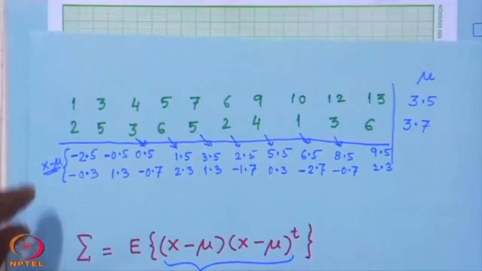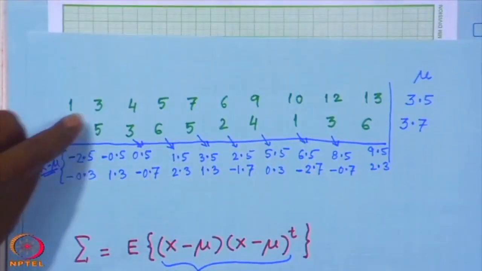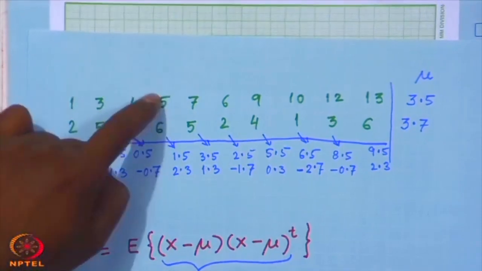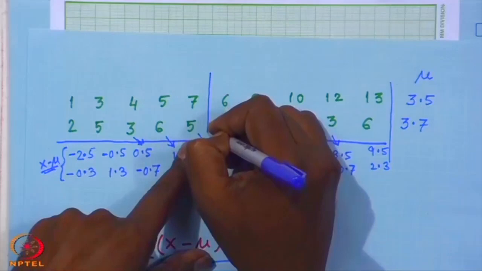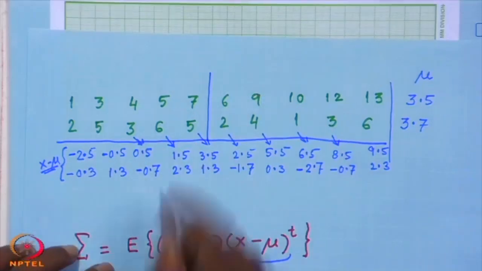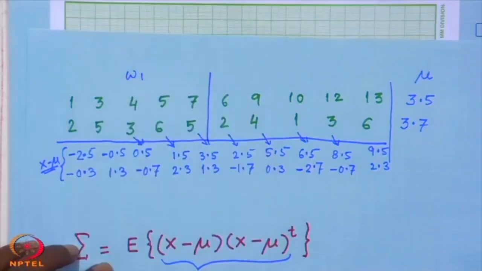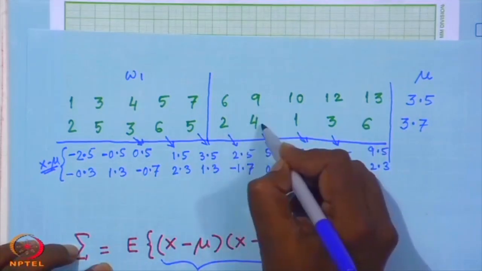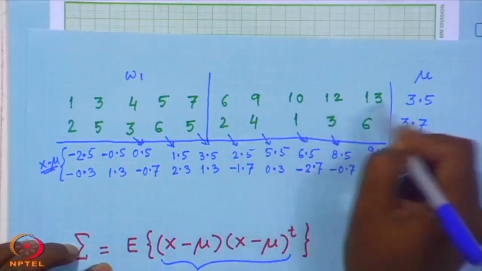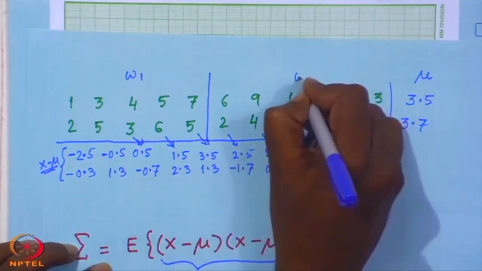If you remember, the feature vectors are 1, 2; 3, 5; 4, 3; 5, 6 and 7, 5. These first 5 feature vectors belong to class omega 1, and the second 5 feature vectors 6, 2; 9, 4; 10, 1; 12, 3 and 13, 6 belong to class omega 2.